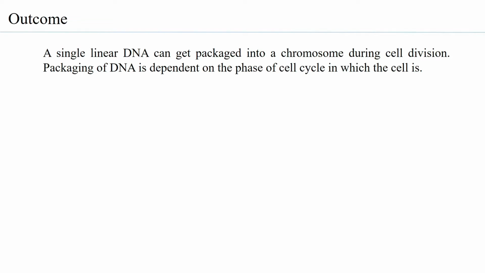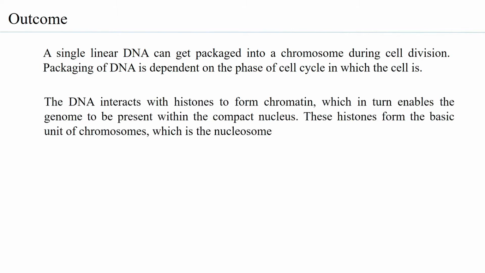A single linear DNA can get packaged into a chromosome during cell division. Packaging of DNA is dependent on the phase of cell cycle in which the cell is. The DNA interacts with histones to form chromatin, which in turn enables the genome to be present within the compact nucleus.